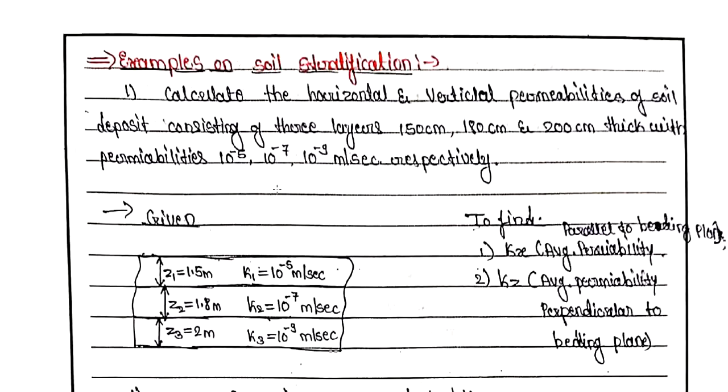Horizontal and vertical mean parallel to the bedding plane and perpendicular to the bedding plane, consisting of three layers. The layer thicknesses have been given with permeabilities, so the values of K1, K2, K3 are given. The permeabilities are given in meter per second, and the thicknesses are given in centimeter, so be aware of the units which they are using.